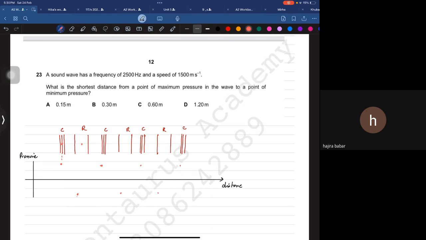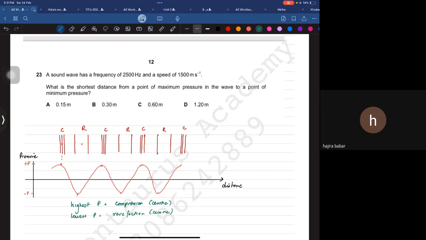So the wave would look like this with respect to pressure. Just writing down for you, this is positive, this is negative. So highest pressure will be at compression center, and lowest pressure will be at the rarefaction center.